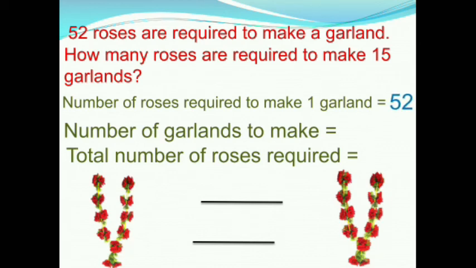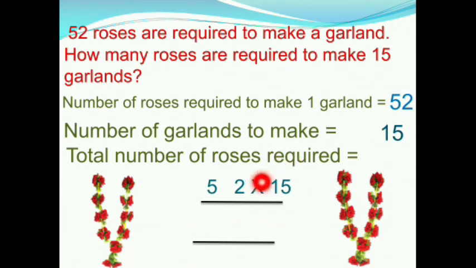Next we should write number of garlands to make. How many garlands to make? Yes, 15 garlands. Now we should find out total number of roses required to make 15 garlands. Here multiplicand is 52 and multiplier is 15.